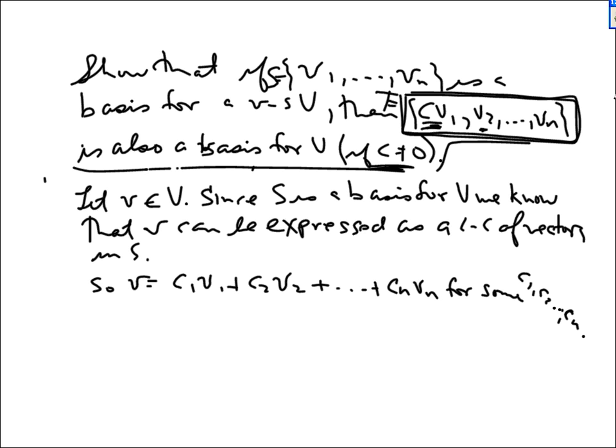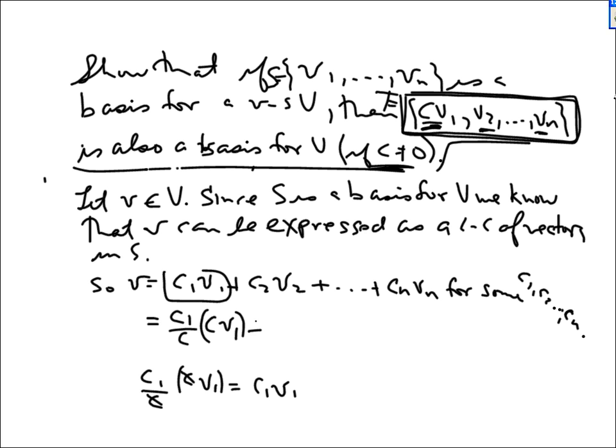But I want to show that V is a linear combination of these vectors. Well, if you do C1 and you divide it by C, and then you multiply it by CV1, the C's cancel, and you get C1V1, just like you're supposed to get. Now you have C2V2 all the way up to CnVn.